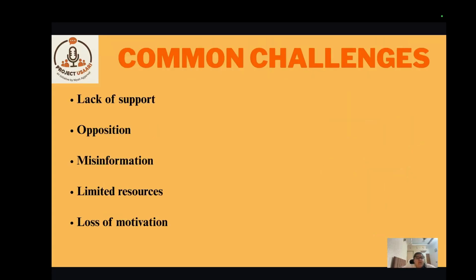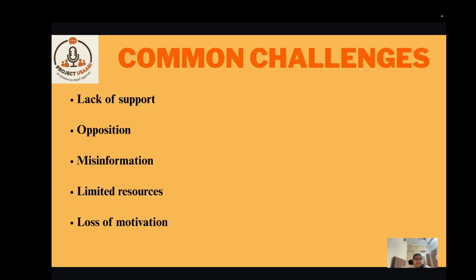Okay, common challenges faced by a lot of such movements. Firstly, lack of support. Not enough people join or believe in the cause of social movements because people think it might be a waste of time, or they think that other people might judge them for being in a social movement, because again, this is a big taboo.